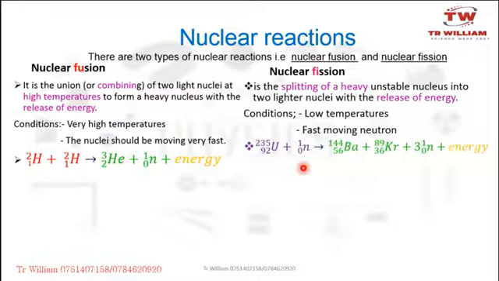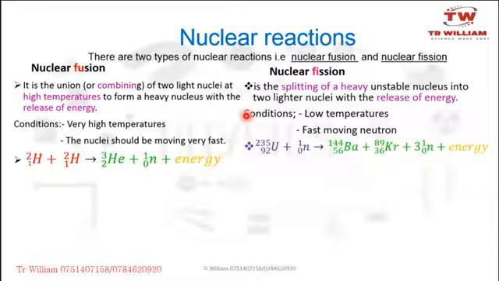And even when we look at the atomic number on the left hand side, we have 92 plus 0, which is 92. On the right hand side, 56 plus 36 gives us also 92, plus 0, because 3 times 0 is 0, so it will remain 92. So the equation will be balanced.